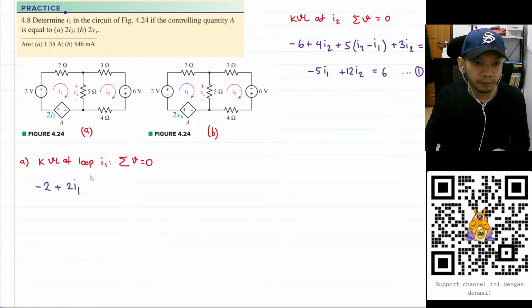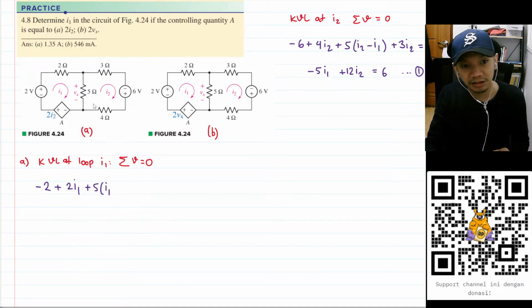And then for this 5 ohm, similar to previously, we multiply by the current. But now, because we are working on I1, we write this I1 first, and then the current that passes through this 5 ohm resistor in the opposite direction will be minus I2.